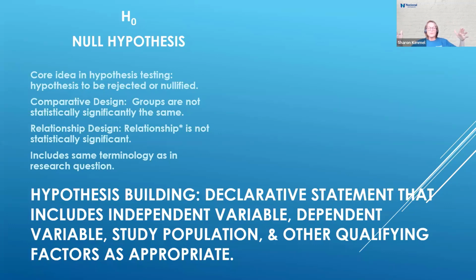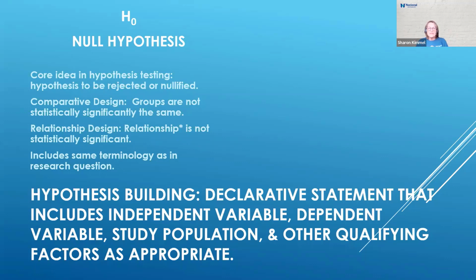In the comparative group, we're simply interpreting that the groups are not statistically significantly different. I think I have a typo there. And in the relationship design, we're just saying that the variables are not correlated or one does not predict the other, that there is no relationship between the variables.